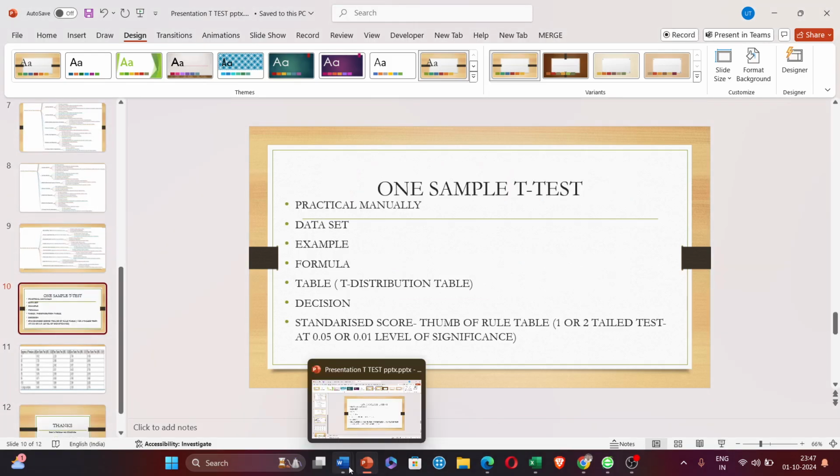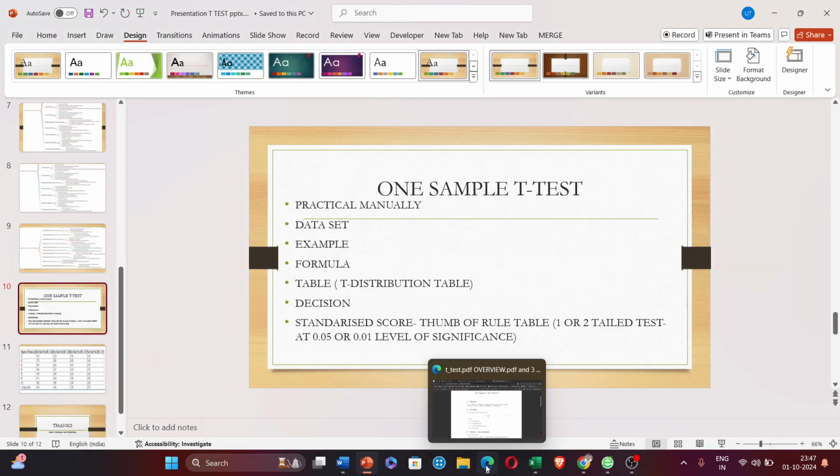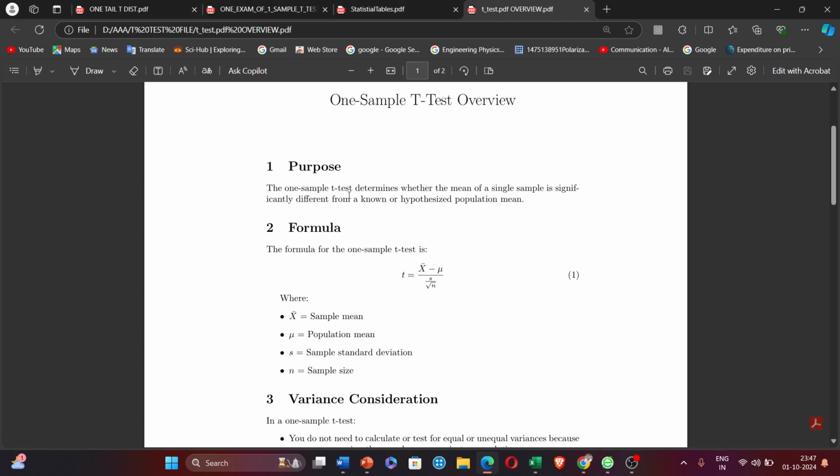So I will go for the one sample t-test. The purpose of the one sample t-test is to test whether the mean of a single sample is significantly different from a known or hypothesized population mean.